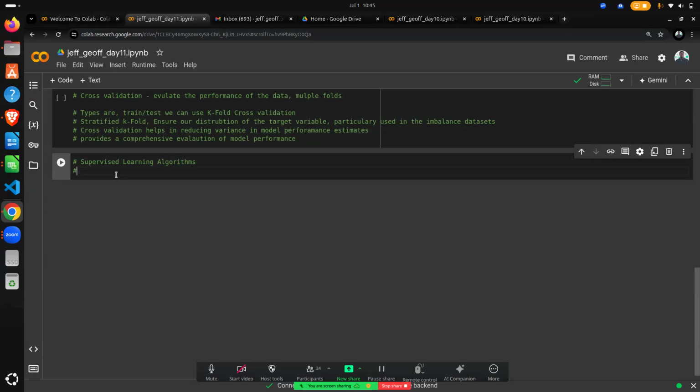It's quite interesting and challenging. Okay, so we have what we call regression. These regressions can be linear or polynomial.